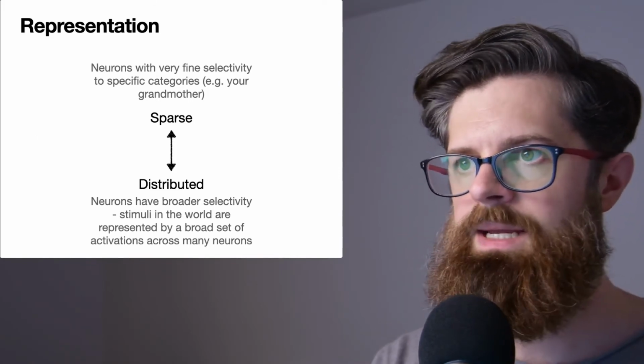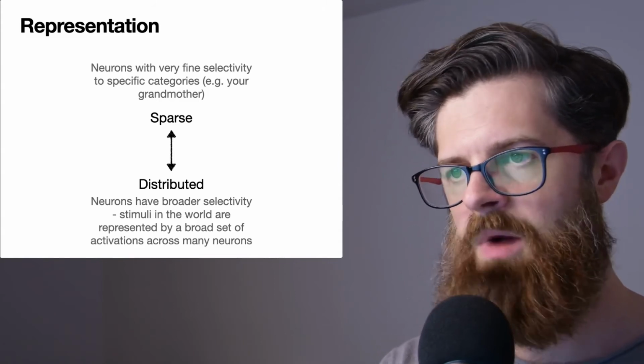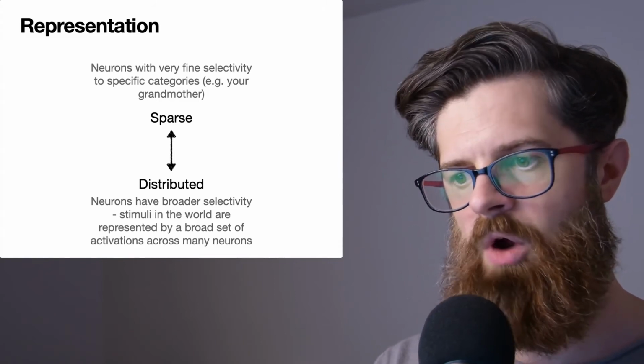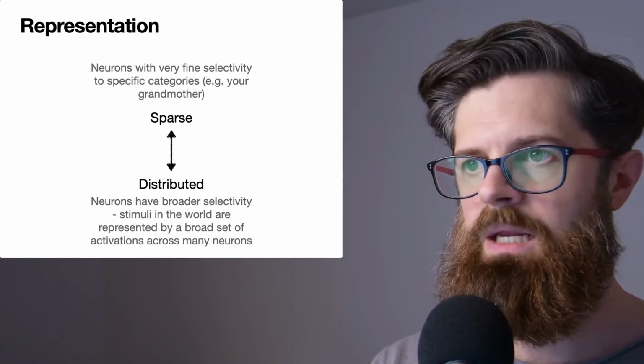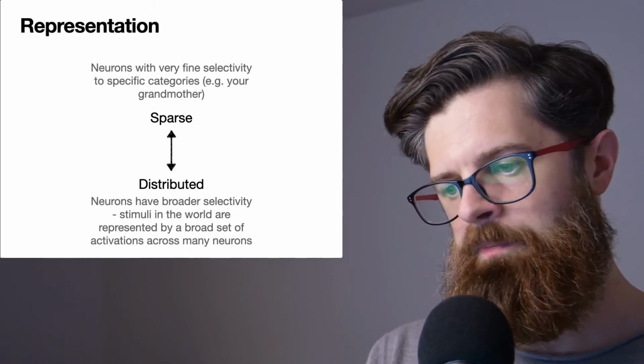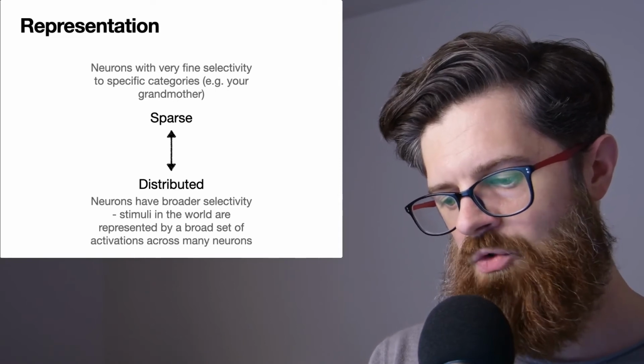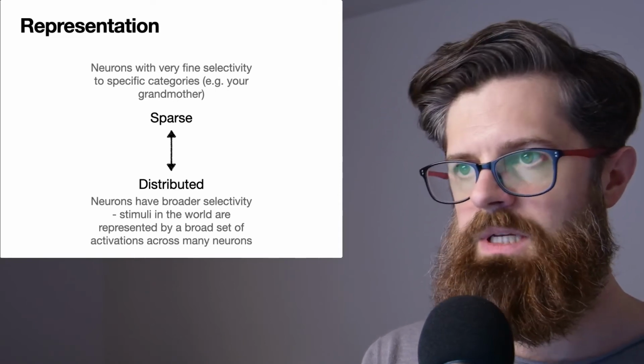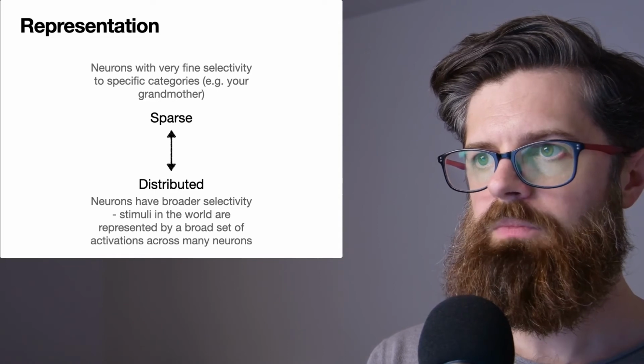The idea of a sparse type of representation in the brain is essentially saying that each neuron has an extremely exquisite sensitivity to one particular thing.